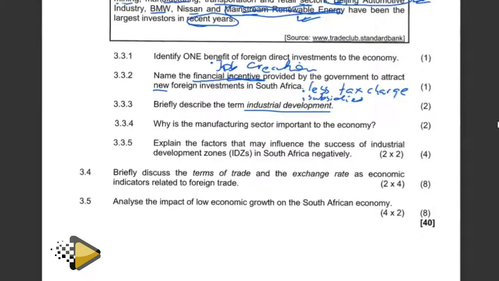South Africa as an economy has discovered that the secondary sector has the potential of contributing largely towards GDP, so it has aimed at investing most of its funds in the secondary sector, in factories and the like.